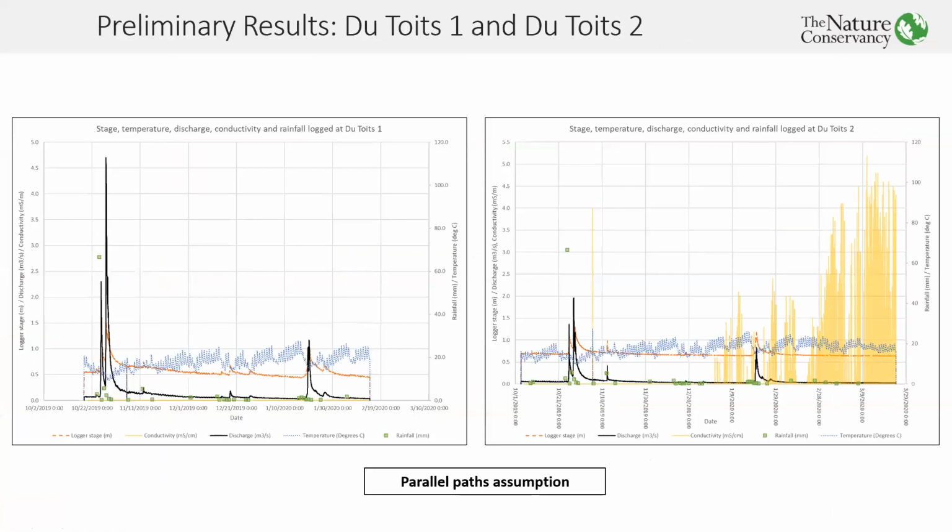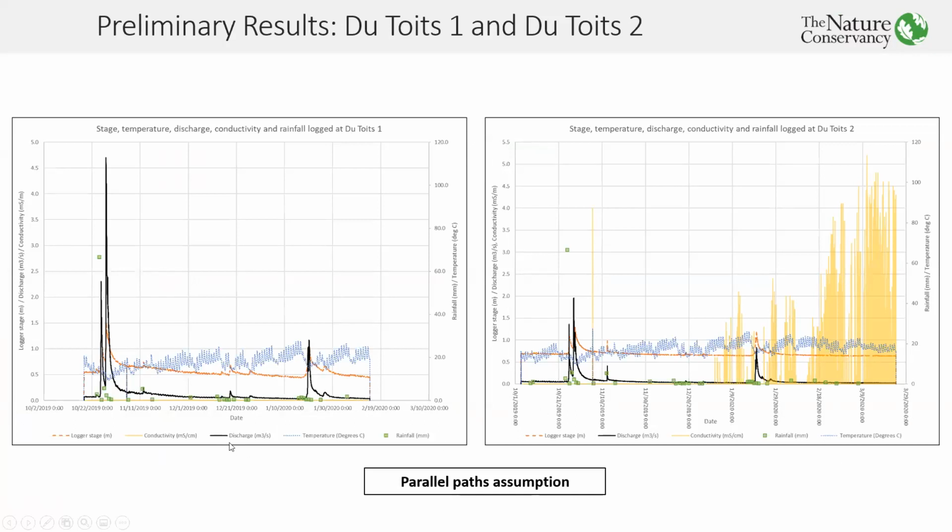So these images represent preliminary results from the TOIS 1 and the TOIS 2 catchments, which I showed you earlier. And these catchments are both currently invaded. So we installed the logging equipment in October 2019, and we downloaded just before the lockdown in South Africa in March 2020.